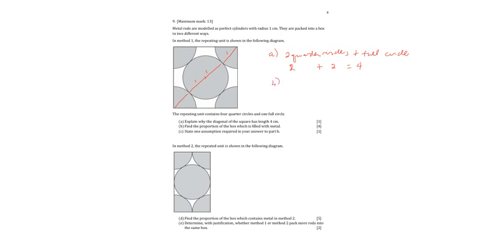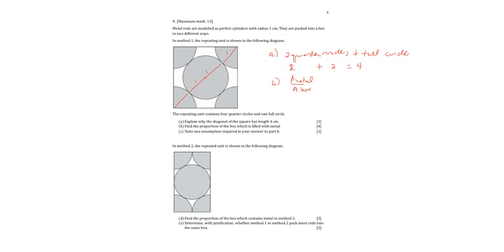For letter B, explain the proportion of the box which is filled with metal. So the proportion shall be the area of the metal over the area of the box. So let's first find the area of the box.